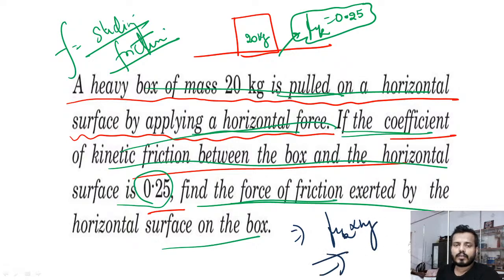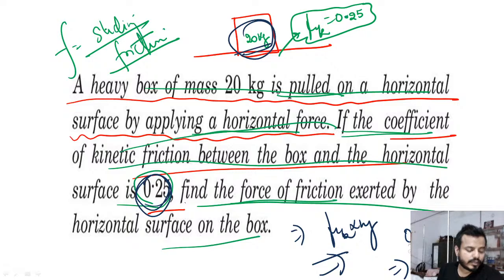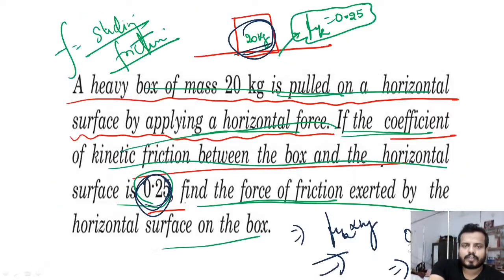Mu k is 0.25, into mg, what is mg? 200. So it will be 50 Newton. 50 Newton is the force of friction exerted by the horizontal surface. So that's the thing. Let's solve another problem.